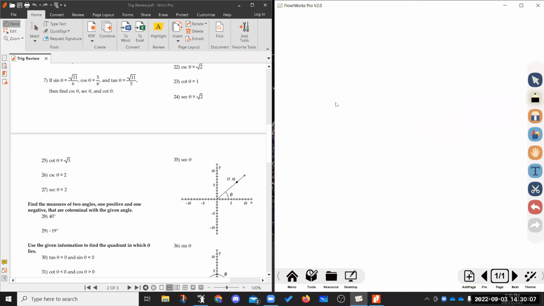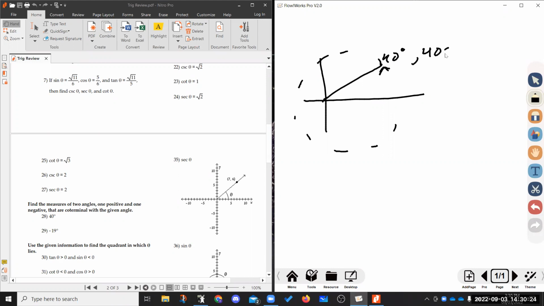Find the measures of two angles, one positive and one negative, that are coterminal with the given angle. So coterminal with 40 degrees. 40 degrees is up here in quadrant 1. Here's 40 degrees. I could go all the way around again, another 360 degrees. So this would also be 400 degrees. Or I could come counterclockwise like this, negative 360 degrees. So that would be negative 320 degrees.